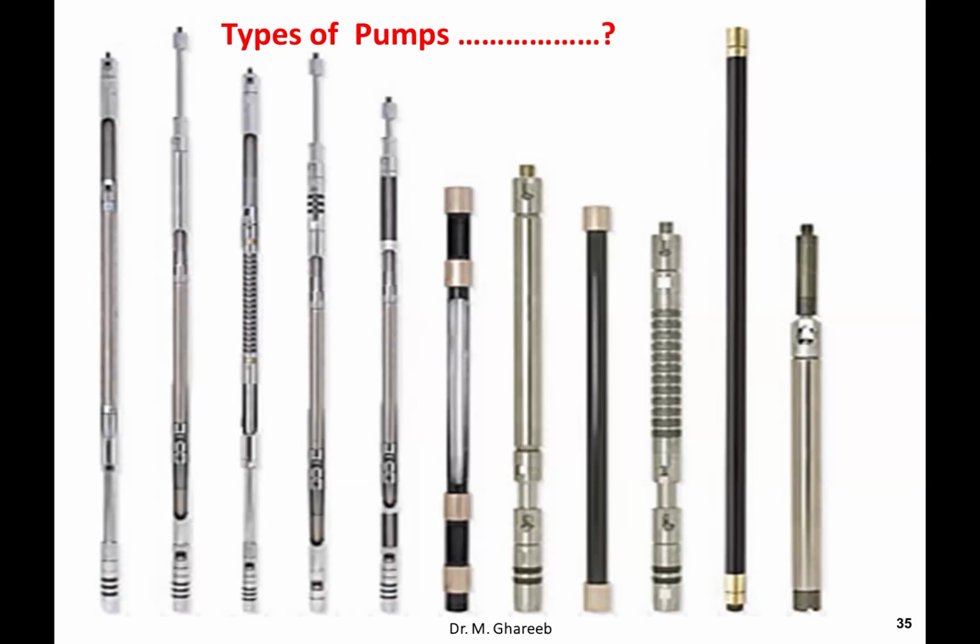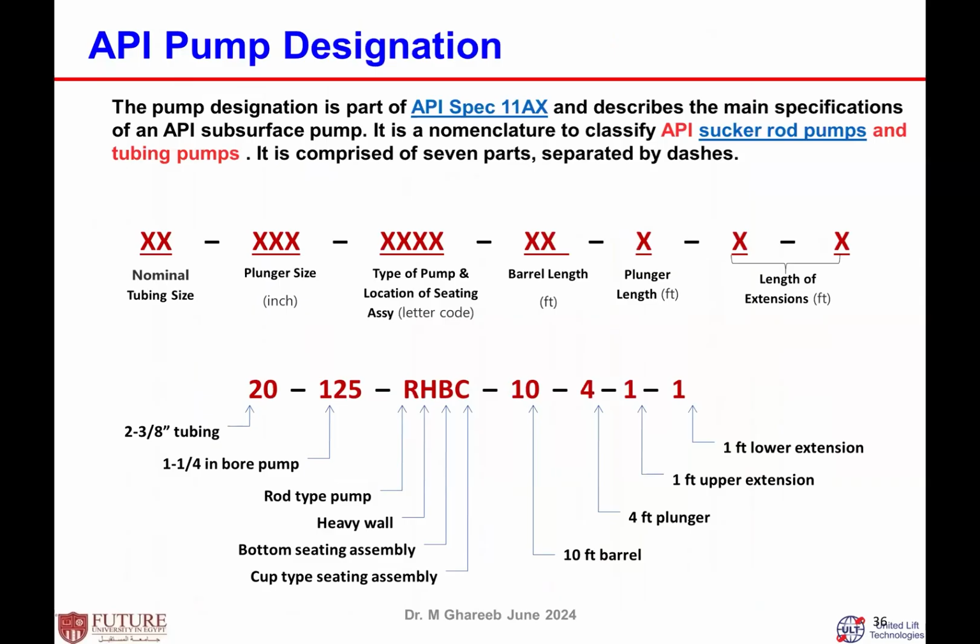The API created these descriptions, and people worldwide agree on and understand them. They describe configuration and size, not metallurgy. We like to remember that. The API configuration of the pump is about the size and the configuration of the pump.